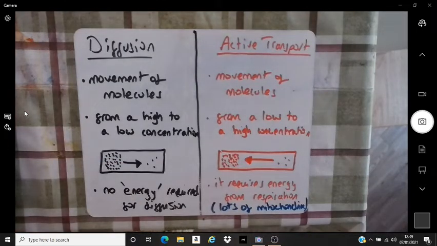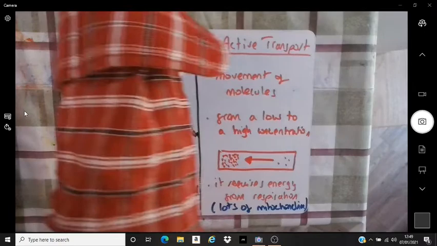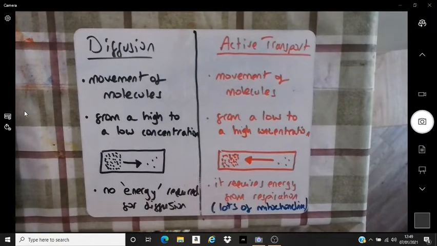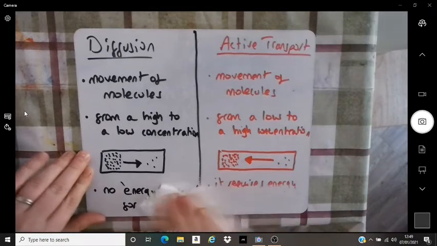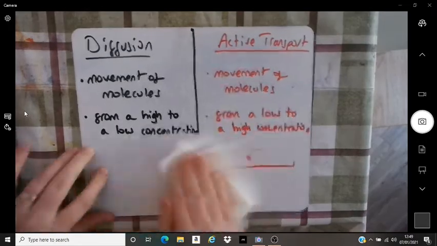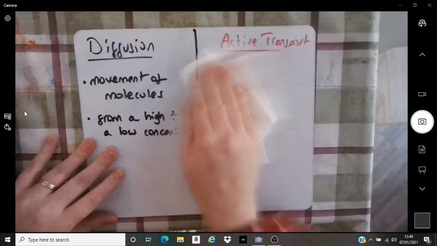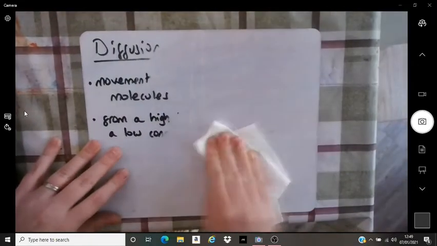Right, let's have a look then, actually now, about cells and the sort of things a cell would need to increase the rate of these movements, to increase the rate at which molecules diffuse. So the first molecule I'm going to focus on is oxygen. I'm then going to look at glucose.